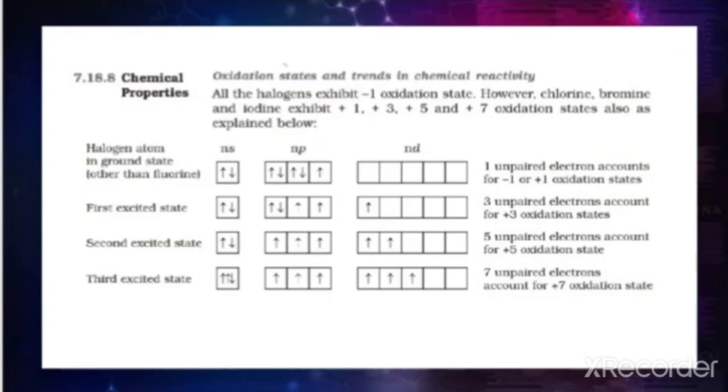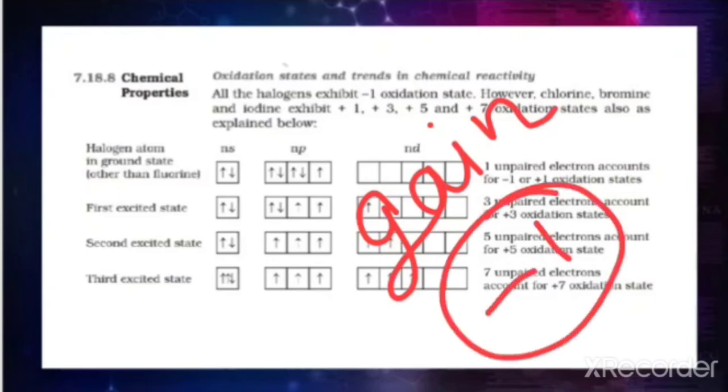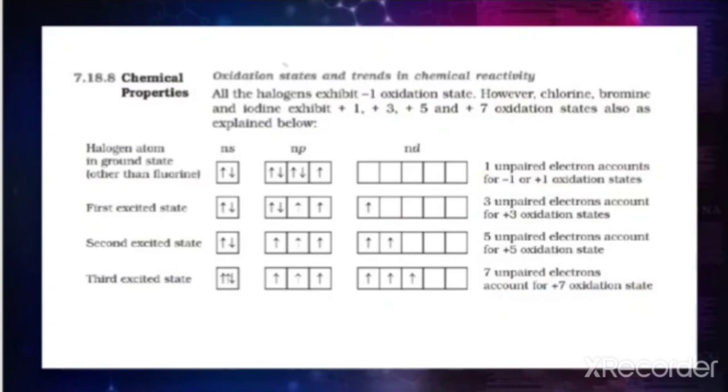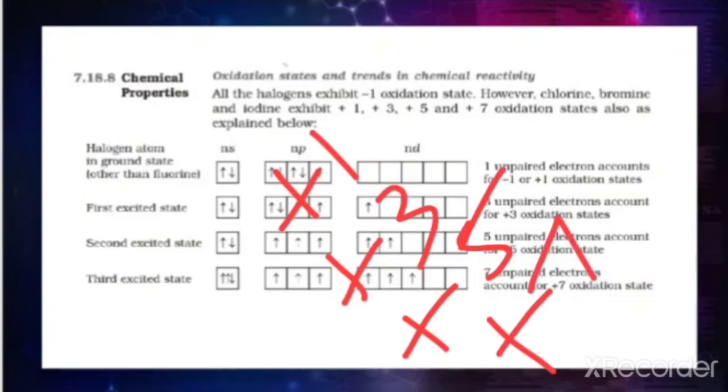That is the most important point: the halogens form -1 oxidation state because of the greater tendency to gain the electron in order to attain a stable configuration. And the oxidation states like +1, +3, +5 and +7 are due to the excitation of electron to the vacant d orbital.